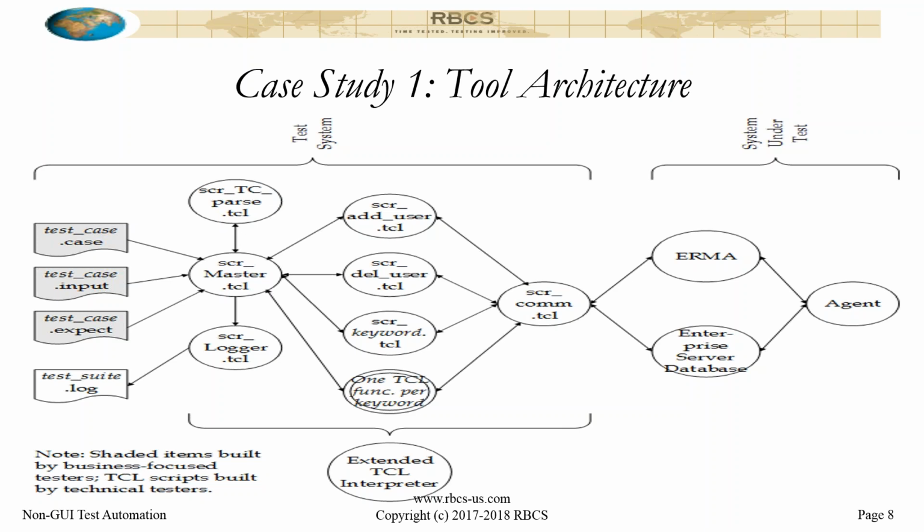Now, if you look to the immediate left of SCR_COM.TCL, you have SCR_add_user.tcl, SCR_del_user.tcl, and so forth. Basically, every keyword had its own TCL script that knew how to send the right kind of meta commands to the SCR_COM.TCL module, which would then format that up to be specifically what the interfaces of the system under test were expecting.